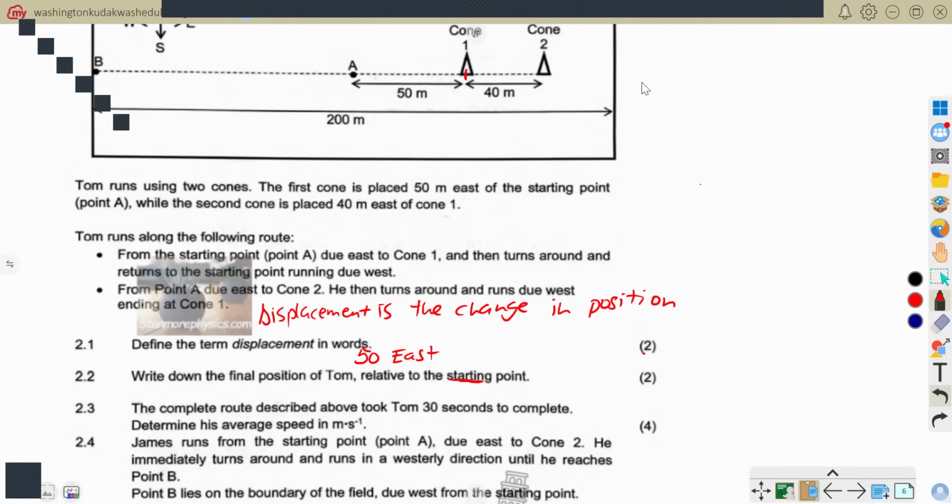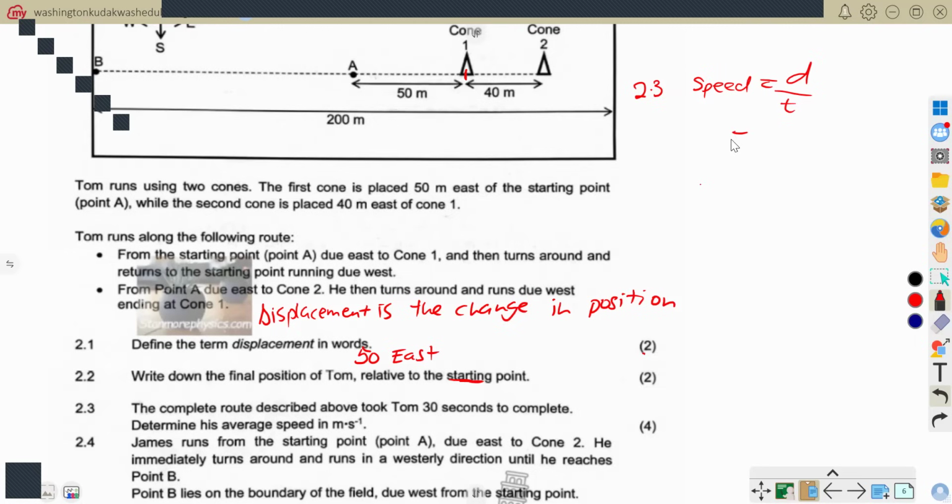We know that speed is equal to the total distance moved divided by the time taken. So now, what is the distance that Tom moved? It is 50 meters going and 50 meters back, that is 100 meters.